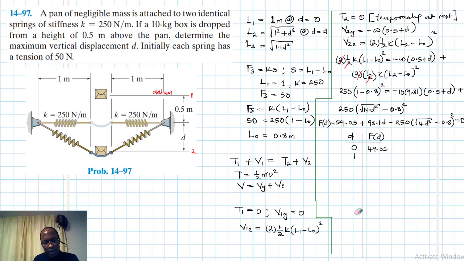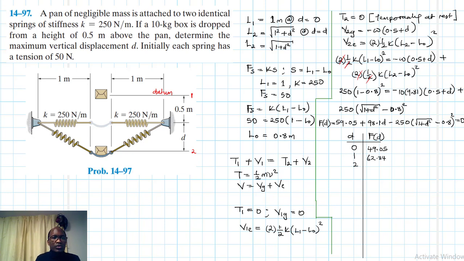So let's feed in 1. I have my 1 there, and then what I have here is 62.84. Okay, I still have positive. So let's feed in my 2.